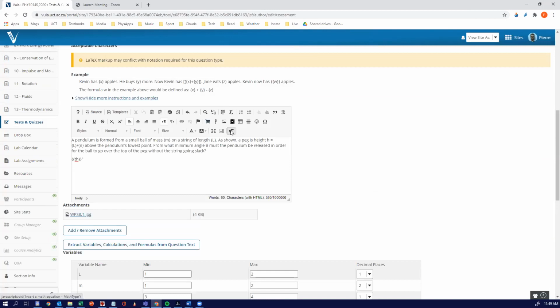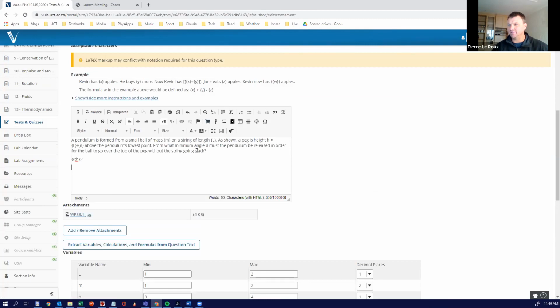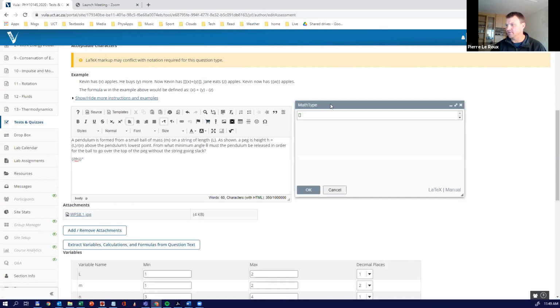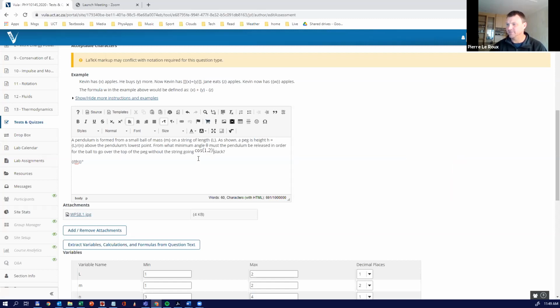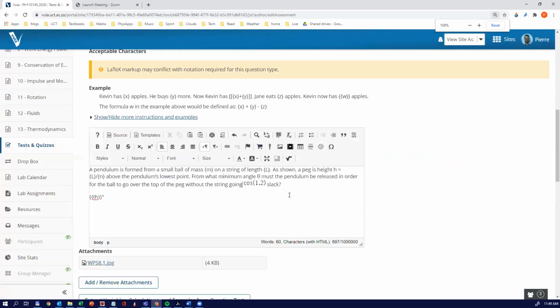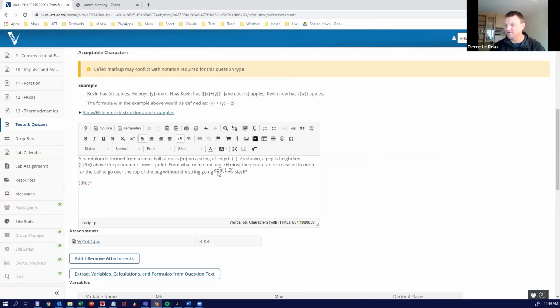The only problem with this formula inserter, which we still haven't figured out how to get right, is if I put a formula somewhere and use the MathType editor, I'll just put something in here. This is for the OCD people amongst us. When you put something like this in, wait for it to catch up. It's just a little bit above, so it's got this zoom in there. You can see it's not superscript, but just sort of offset a bit above.